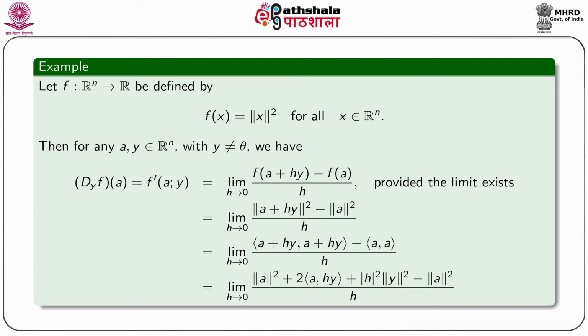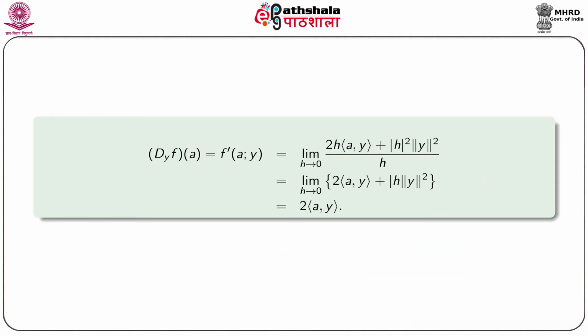We also know that inner product is additive as well as homogeneous. So, the quotient comes to be twice inner product (a, hy) plus mod h square norm y square divided by h. We consider its limit as h approaches 0. So, we find f dash (a, y) or d_y f(a) equals twice inner product (a, y).